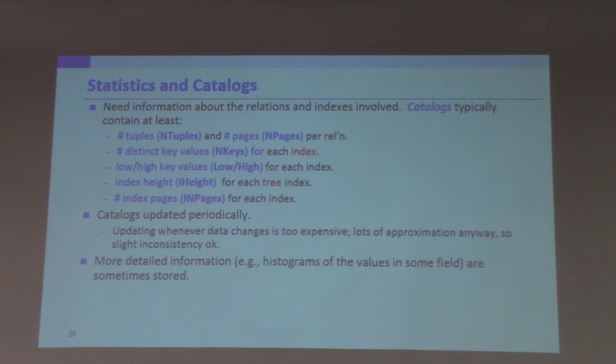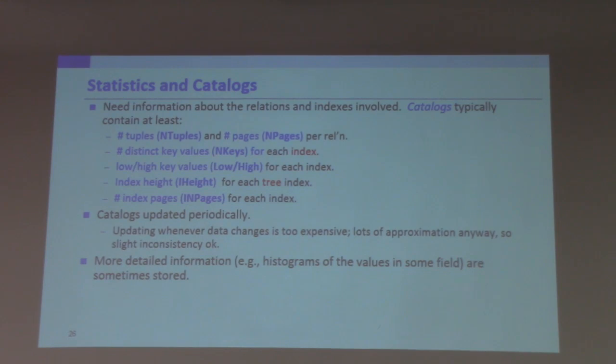So in order to support the estimation of selectivity for arbitrary query, what we do is we require the system, the database kernel, to maintain a number of important pieces of information in system catalog. Typically, this information includes the following: number of tuples and number of pages per relation, right?